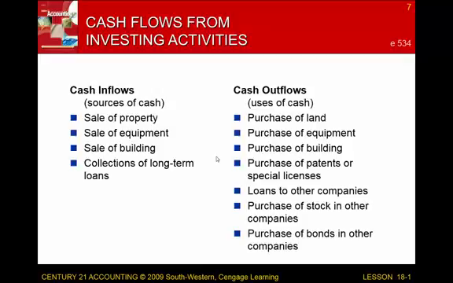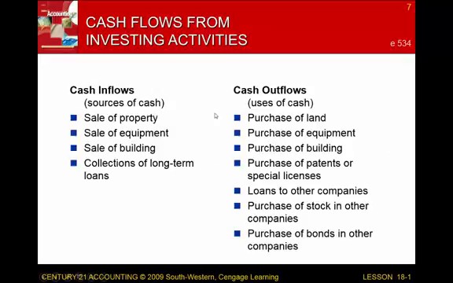Investing activities are a strategy to generate sales and profits. So that's why they're called investing. I wouldn't expect that if I bought a new building that's going to dramatically impact my net income today, but over a period of years we should have increased profits, which then would increase our cash coming in.